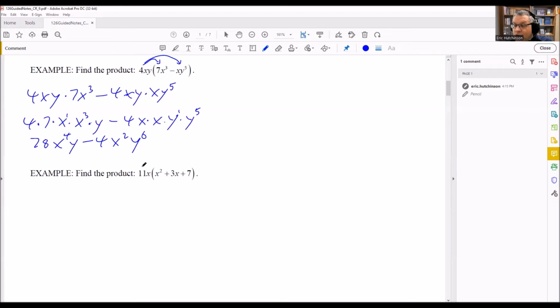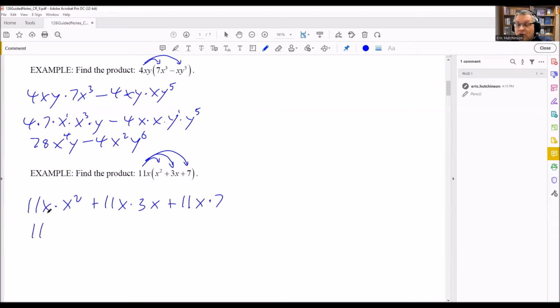All right, next one. We have another one that requires the distributive property: 11x times all this. So we're going to do 11x times x squared, 11x times 3x, 11x times 7. You're just putting 11x next to each of those. Now we're going to multiply these together.